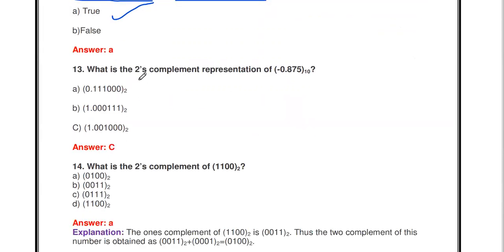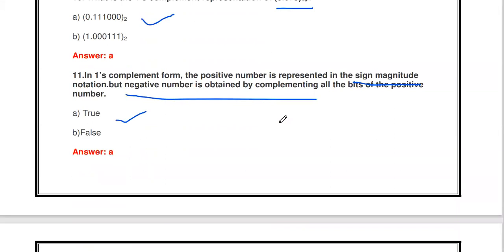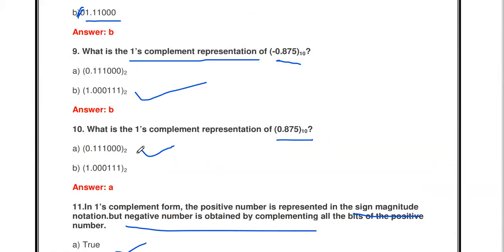So what is the 2's complement representation of minus 0.875? The first step is to write the binary representation of 0.875. Already, for 0.875, the binary representation is 0.11100.